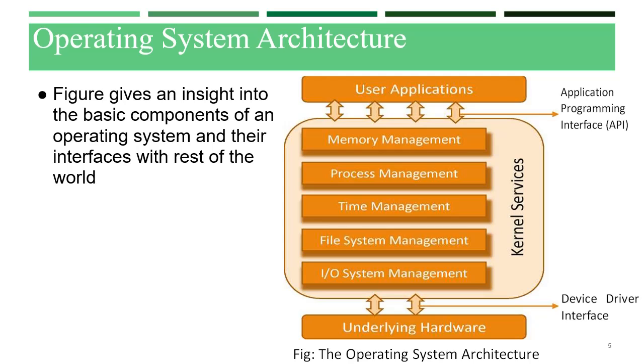This figure gives you an insight into the basic components of an operating system and their interfaces with the rest of the world. Here we can see that at the center we have an operating system which acts as a bridge between the user applications and the underlying hardware.